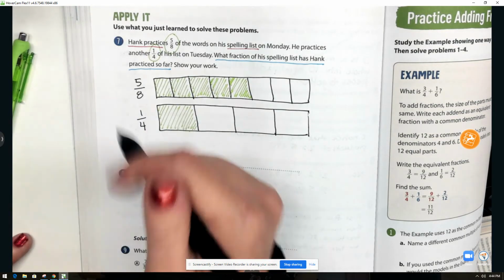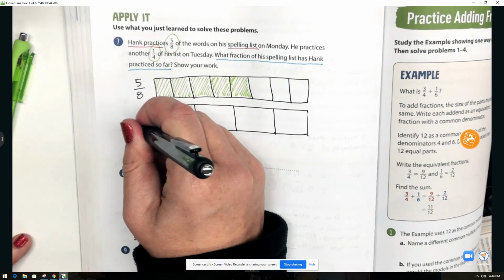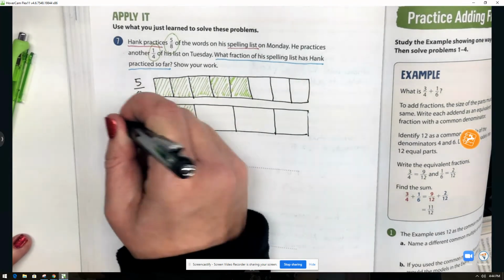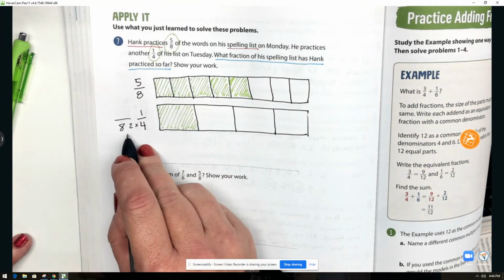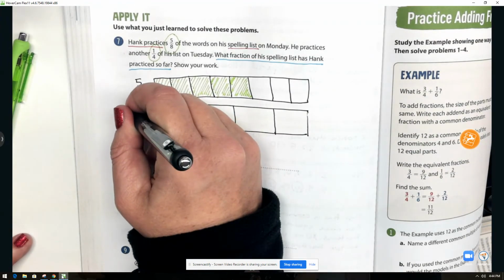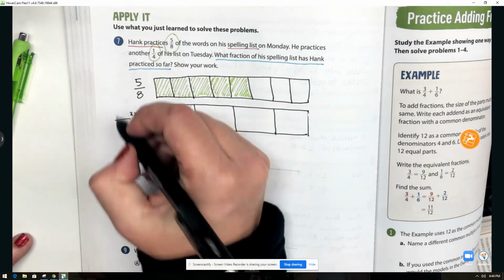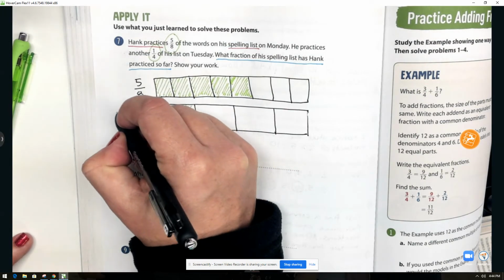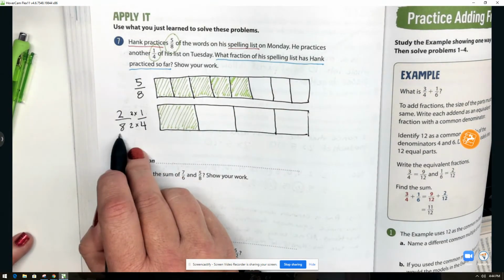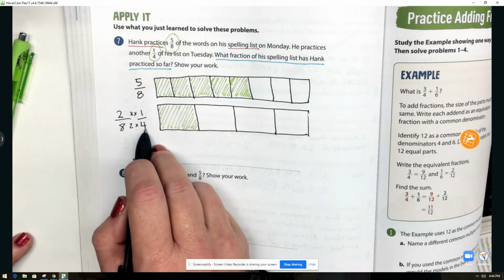So if I multiplied this 4 times 2, I would get 8. So I'm going to go ahead and multiply this numerator times 2 and get 2 times 1 is 2. So 2/8 is equivalent to 1/4.